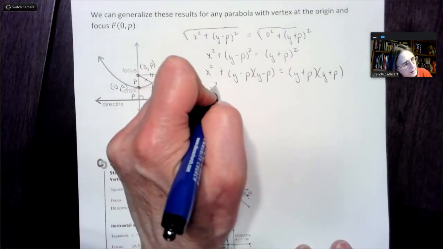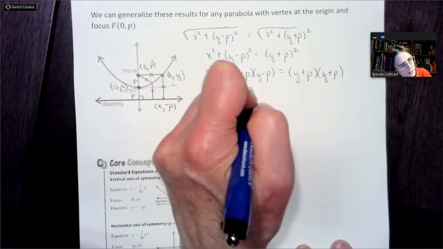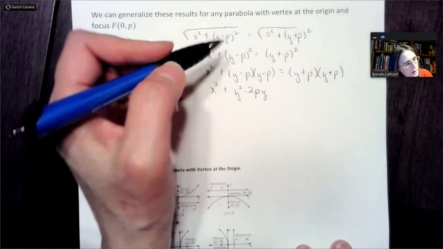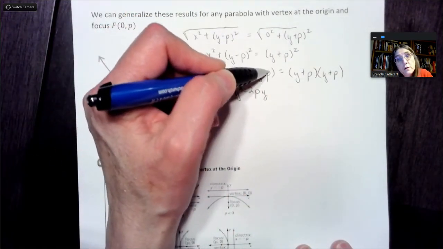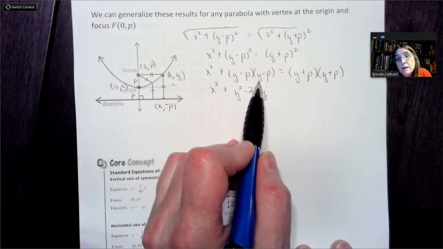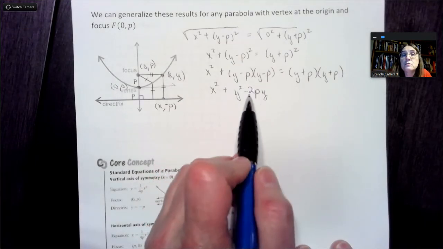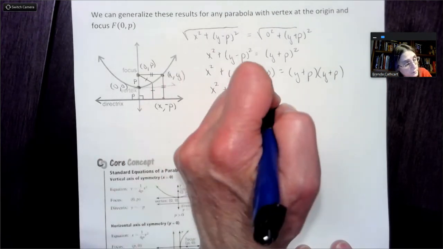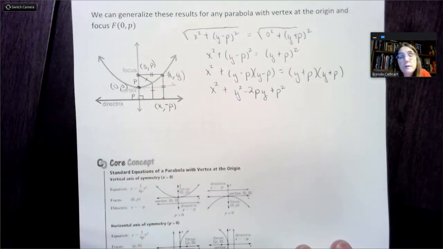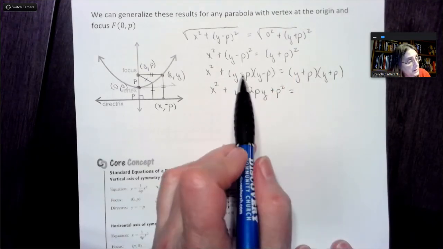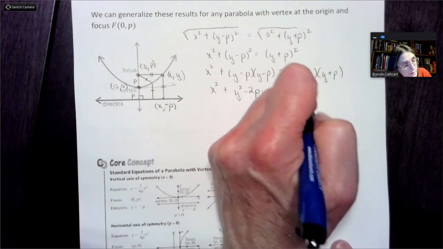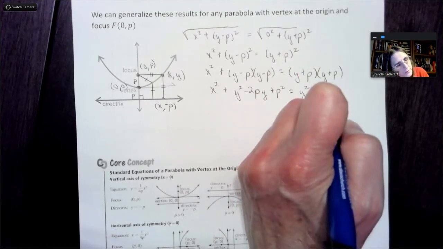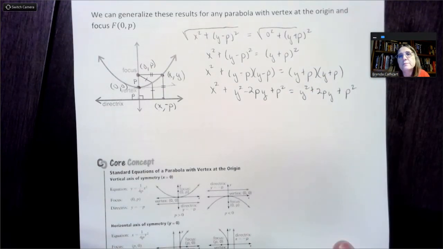Multiplying that out gives us x squared plus y squared minus 2p times y. Our outer term is negative 1 yp. Our inner term is negative 1 times yp. So there's two of those multiplied together. And our last term, negative p times negative p, is positive p squared. Same thing on the other side, except instead of a minus, we have a plus. So we have y squared plus 2py plus p squared.